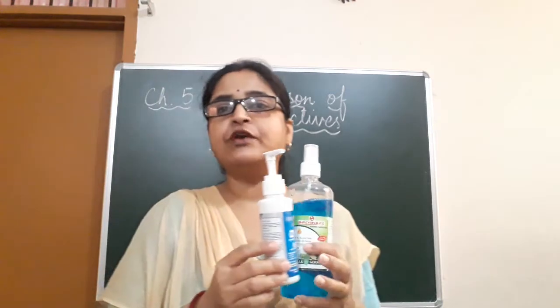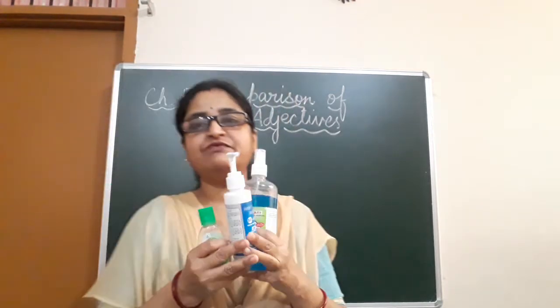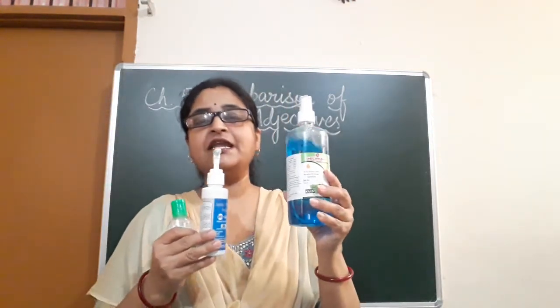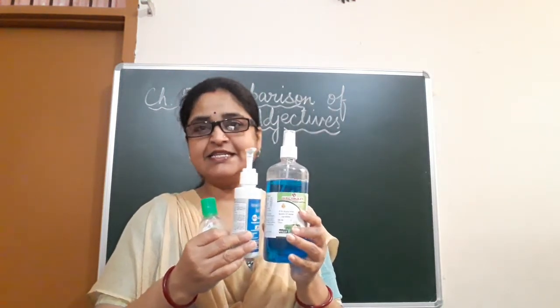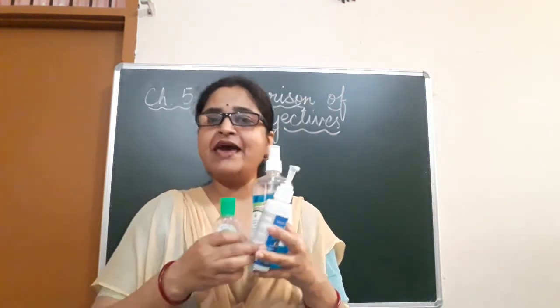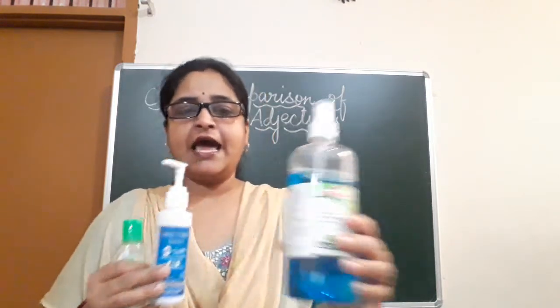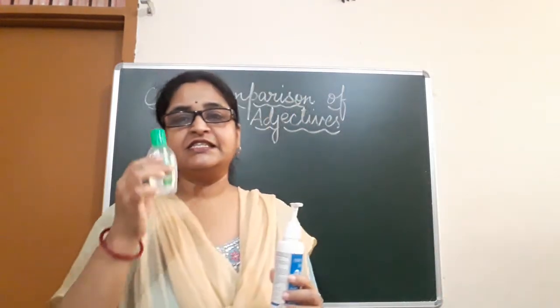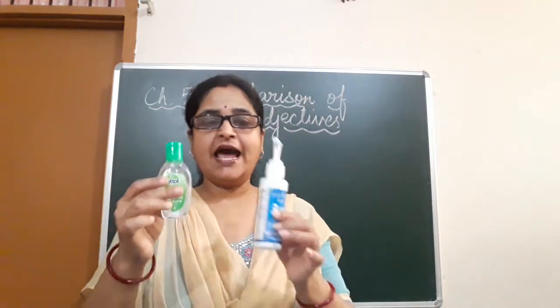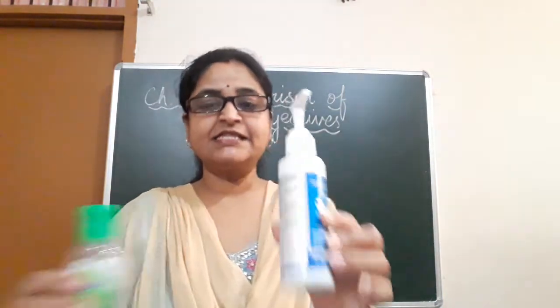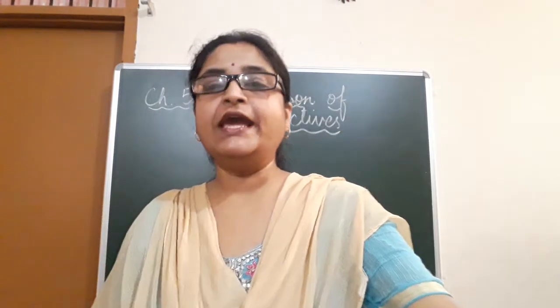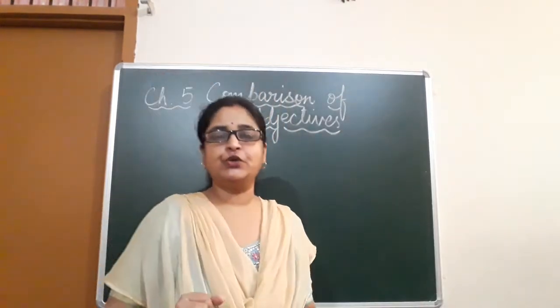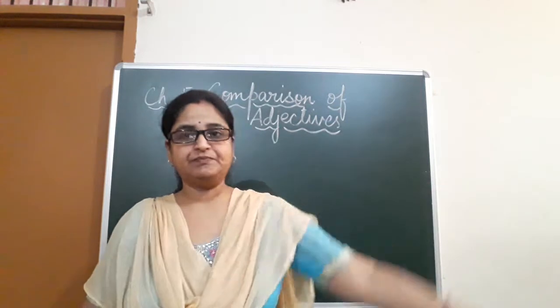If we compare these three bottles, we will say this bottle is the biggest of all three. So we are comparing these three bottles: this is big, this is small, it is bigger than this, and this one is the biggest one.